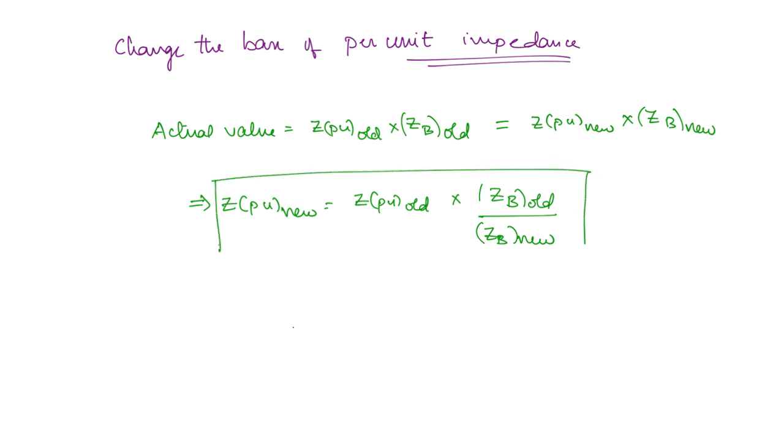Further you can write in terms of the base voltage and volt amperes as well. Okay. Instead of the base values of impedance, you can write in terms of base values of voltage and volt ampere.